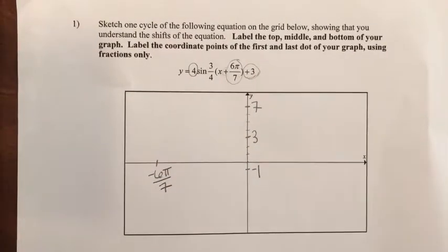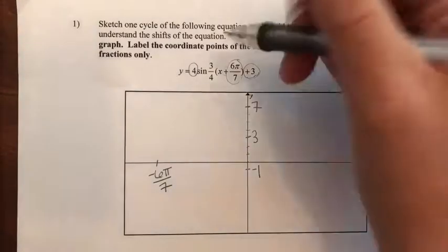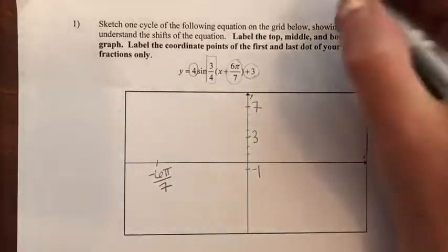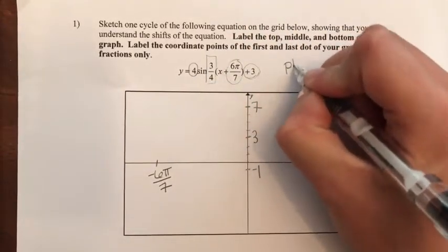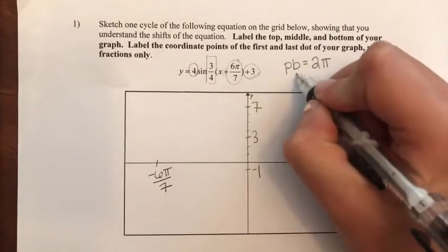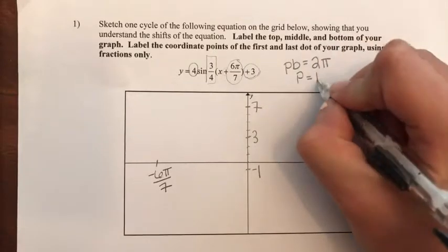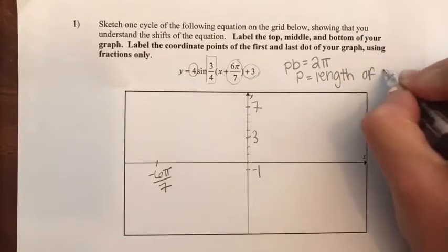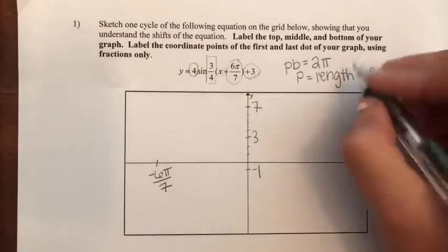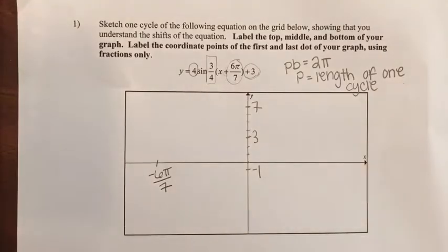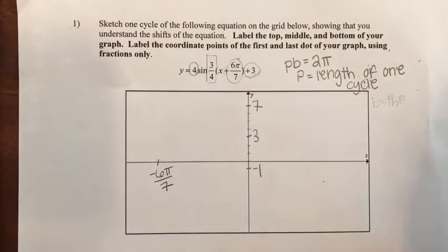The next thing you want to do is find out where your last point in the cycle is going to be. How you do that is you take this number right here and plug it into an equation that we call PB equals 2 pi. P is the length of one cycle, or the distance from your first point.